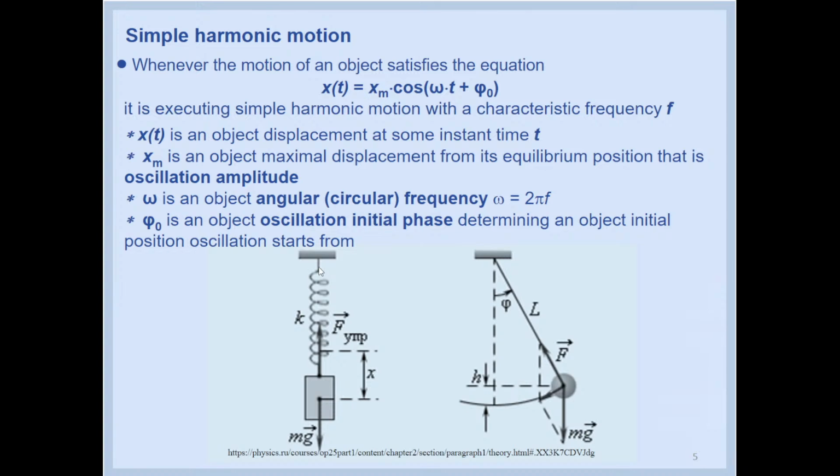You can see the spring of elastic coefficient K that is fixed at one end, and at the opposite end is attached to a body of mass M. And this is a simple pendulum, an inextensible rod with a body at its end, and the opposite end of the cord is fixed as well as the spring.